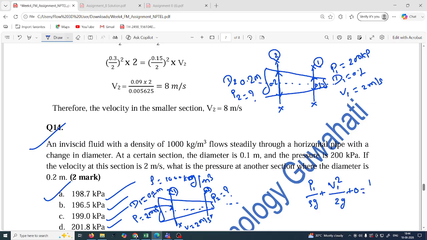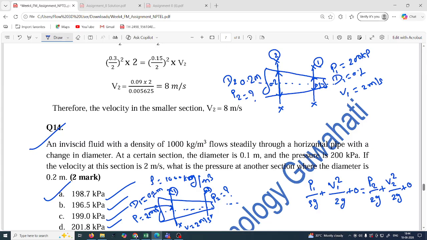This is equal to P2, which you need to calculate, plus V2 squared by 2g. V2 is not given, so V2 also you need to calculate. Z2 will be 0.